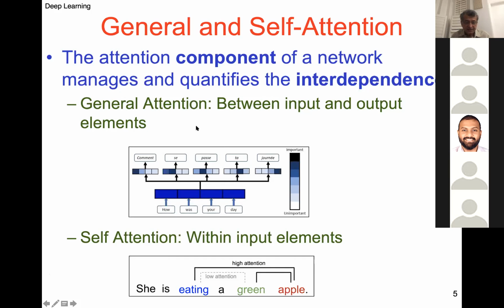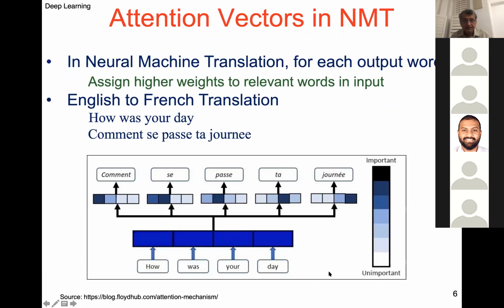Self-attention was the kind of thing we saw earlier on, which is she's eating a green apple. So this is not between input and output, which is just within input elements. It's saying, okay, how do these things relate to each other? What is the relative importance of these? Attention vectors in neural machine translation. For a neural machine translation, for each output word, assign higher weights to relevant words in input.